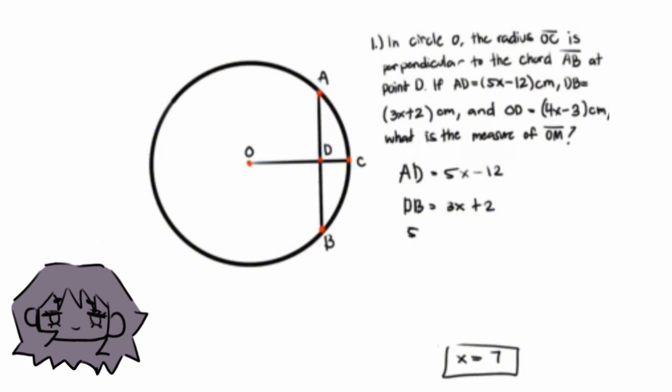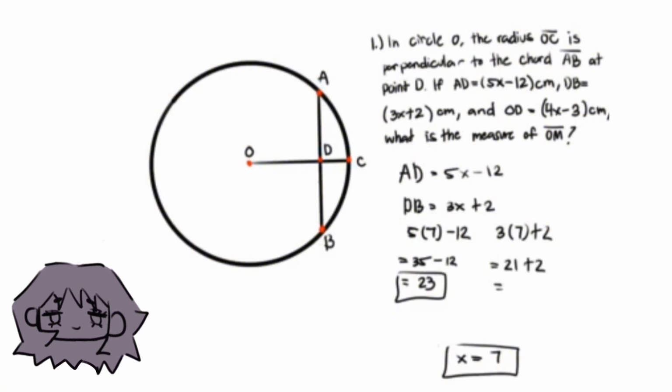So since our x is 7, it's now 5 times 7 minus 12. 5 times 7 is equal to 35, and minus 12. 35 minus 12 is equal to 23. Then 3 times 7 plus 2. 3 times 7 is equal to 21, plus 2, and if we add those up, it's also 23.